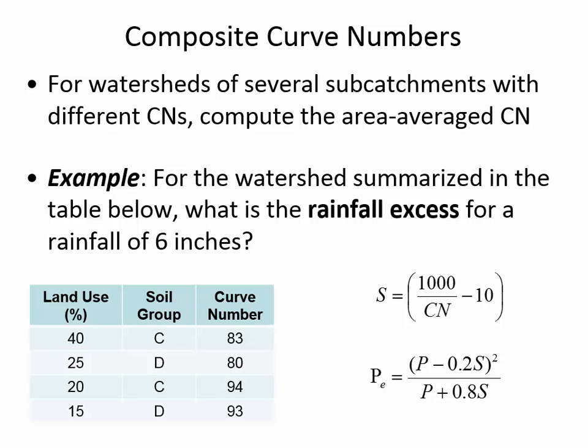If I said, in this case, 85.95, a hydrologist would say, oh wow, you really think you know a lot about that watershed, because who's to say that exactly 40% of it is curve number 83, and if the concrete has cracks in it, maybe it'll absorb water versus if it doesn't.